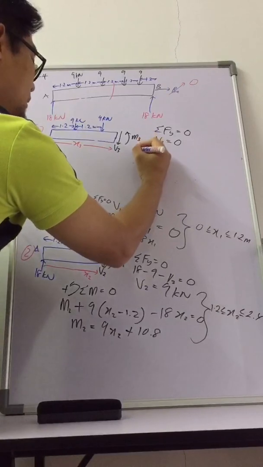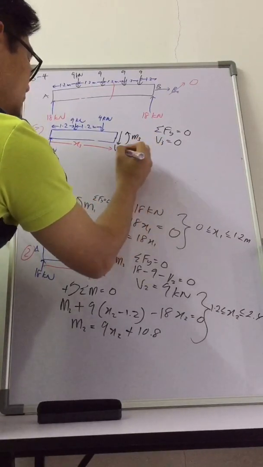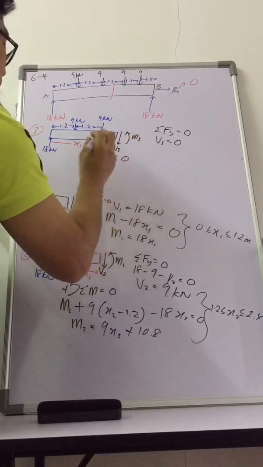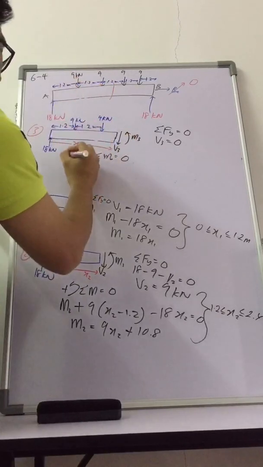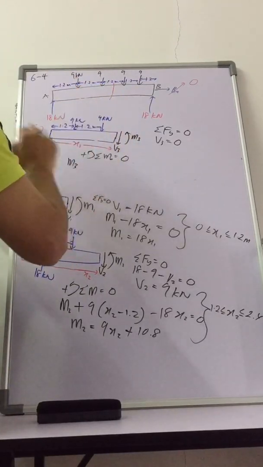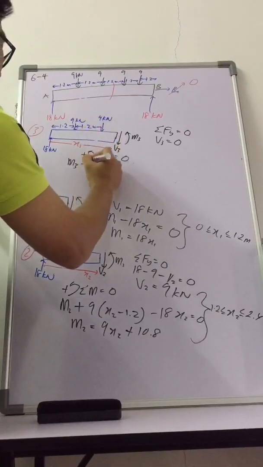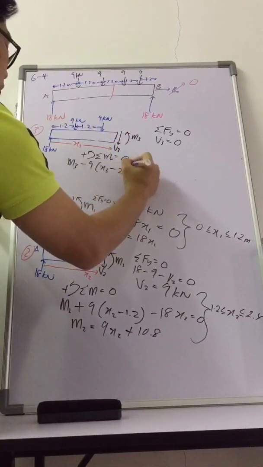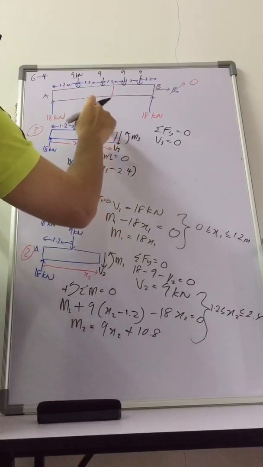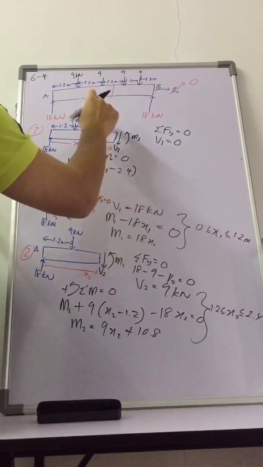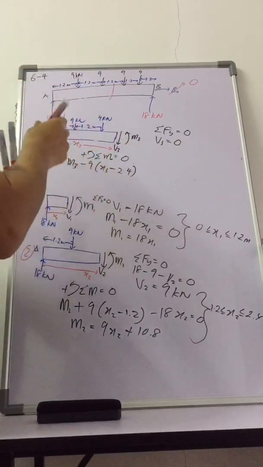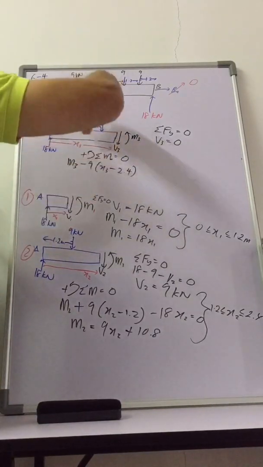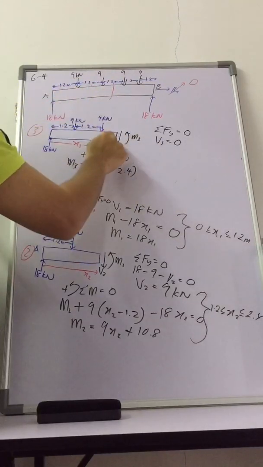So about the moment, assuming positive counterclockwise, you have positive M3, and then minus 9 times (X3 minus 2.4), which is the moment generated by this load. So only this arm, right? Because we do the moment about the section.